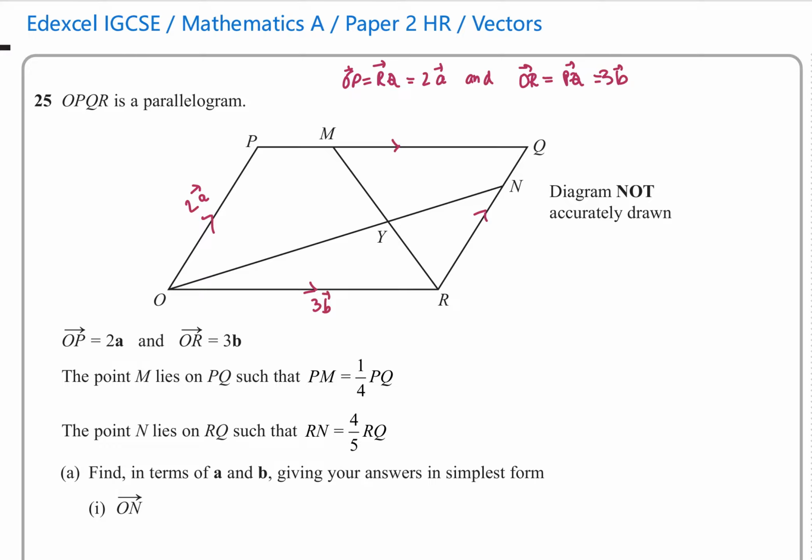Now we can find out what PM is in terms of the vector. PM is equal to 1/4 of PQ.